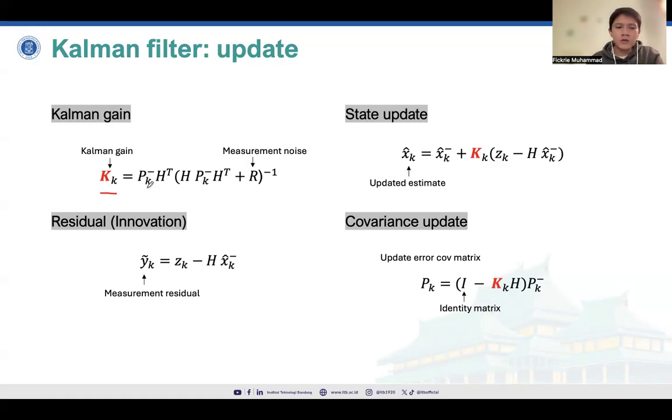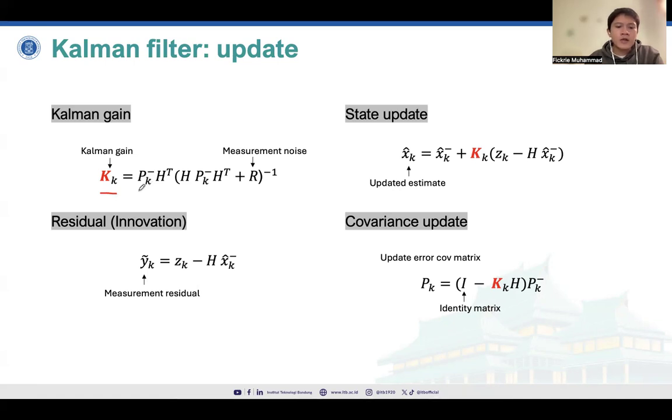Is it that much? The larger value of Kalman gain means that our estimation is not accurate because we have to rely more on the measurements, right? But if our Kalman gain is small, meaning that our estimation is good enough, then we can continue with the next estimation steps.